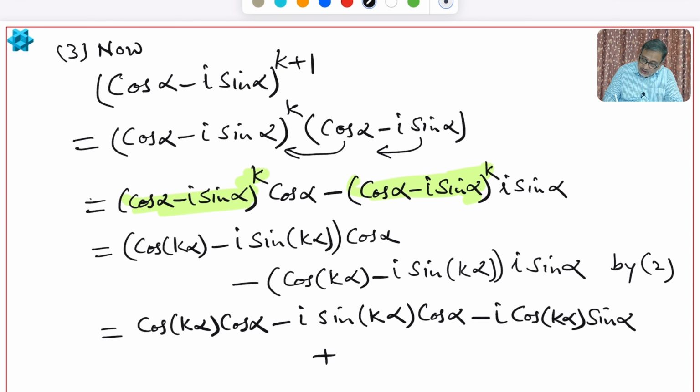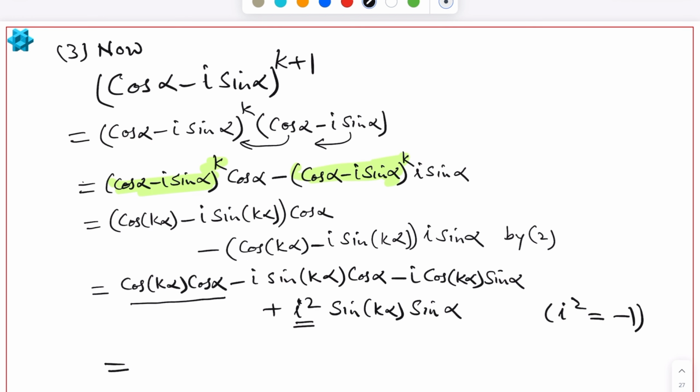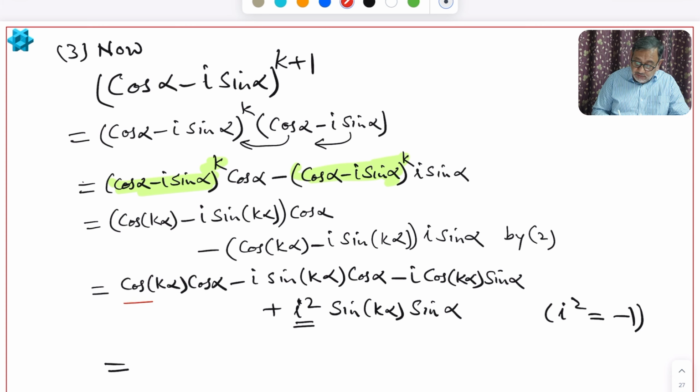So plus I into I square sin k alpha into sin alpha into cos k alpha into cos alpha, and sin of this will be negative because I square will be minus 1, okay?